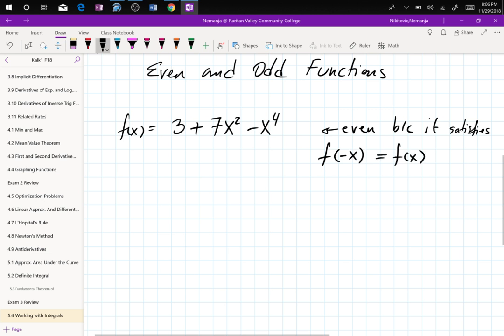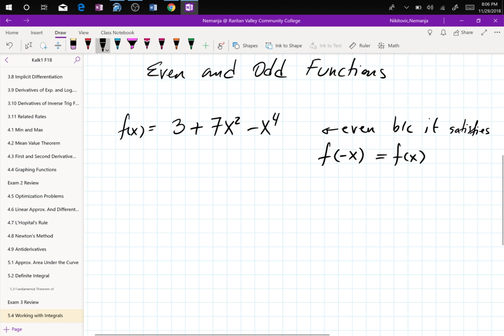So if you are to calculate f of negative x, you would see that it's the same as the original function. Plug in negative x for each x. When you square negative x, you just get x squared. When you put to the 4th power, you again get positive. So the function doesn't change if you replace x with negative x. So we say that then it's symmetric on the y-axis.